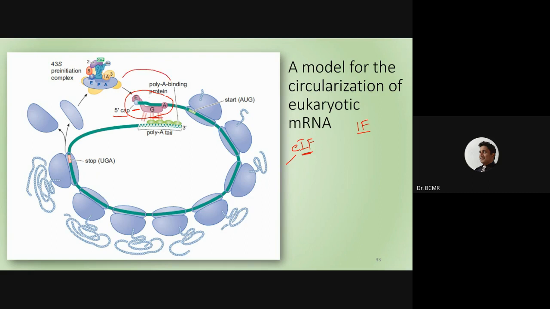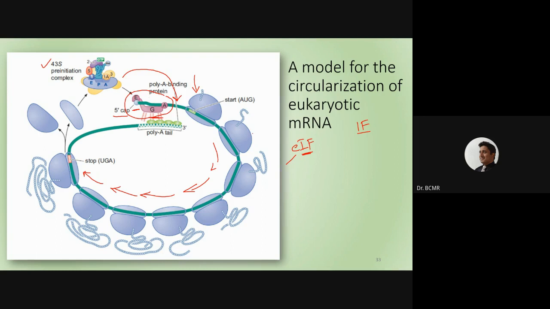Then you have the binding of the small subunit, that is the 43S pre-initiation complex, then the binding of the large subunit, and then formation of the initiation complex. Then the ribosome keeps moving, reading the codons that are present on the open reading frame.